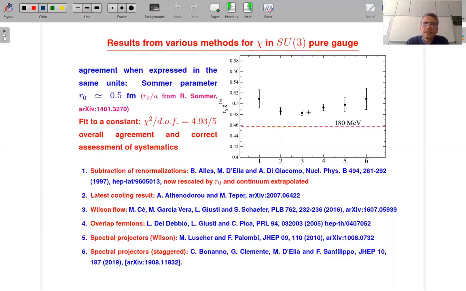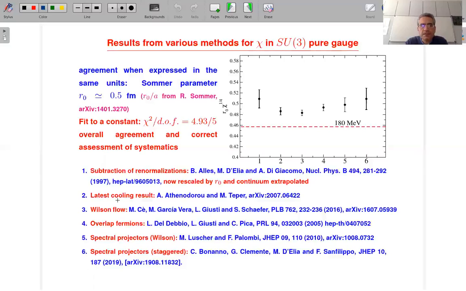The different methods have different impact on this. For instance, fermionic definitions have to deal with the measure of the eigenvectors of the Dirac operator, so they are more expensive, and the measure itself can become the most expensive part of the numerical simulation.